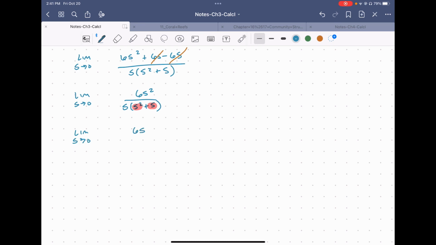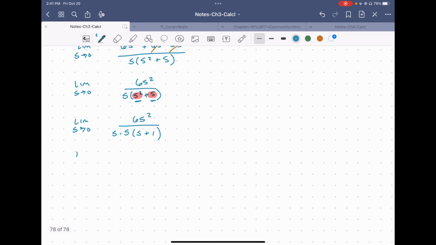Rewrite our 6s squared on the top. Now we have an s times, we're going to take out one s because there's only one in this one, and there will be one left over in this one. So s times s, and we leave that original s from the s squared because we only took one out from that, plus 1.